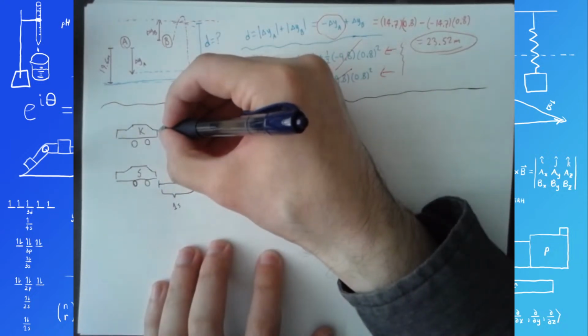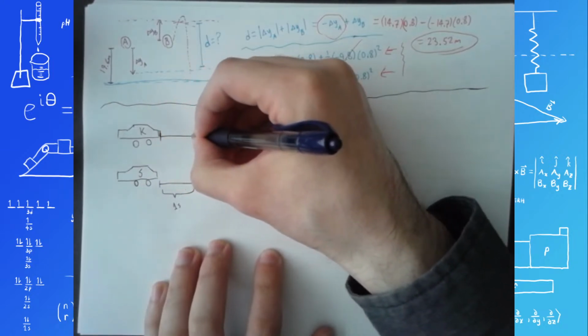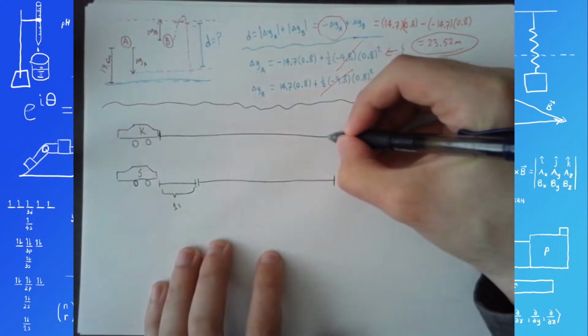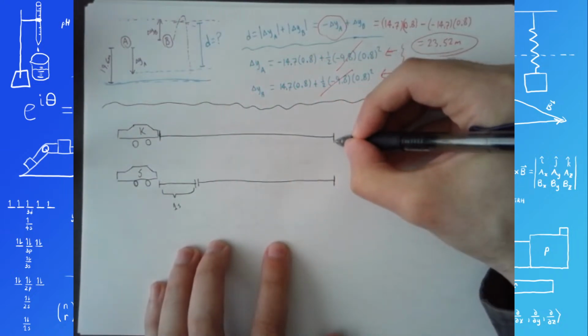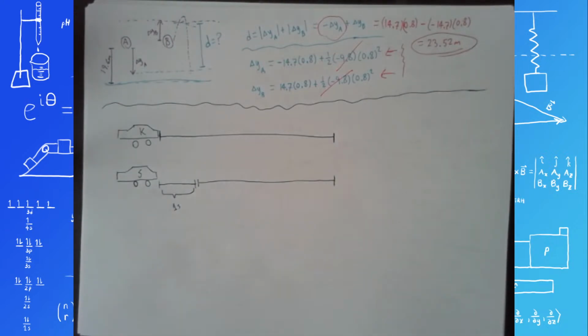And Kathy starts a second later. And because she has more acceleration, she eventually does catch up to him, assuming air resistance doesn't cap her speed out. Which is a reasonable assumption.